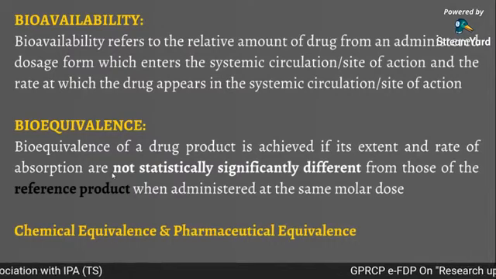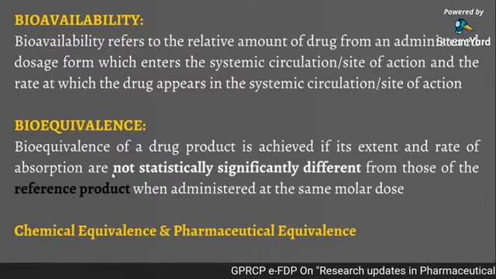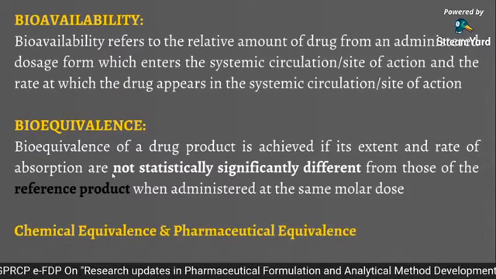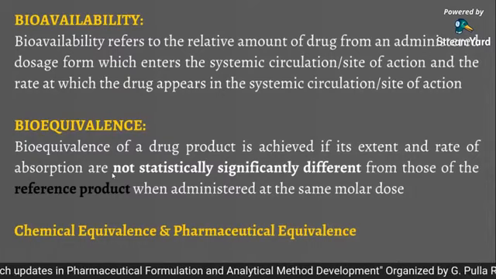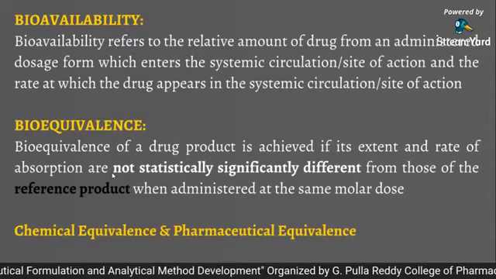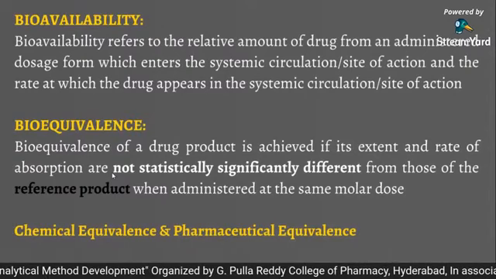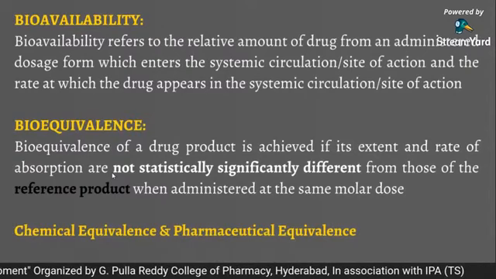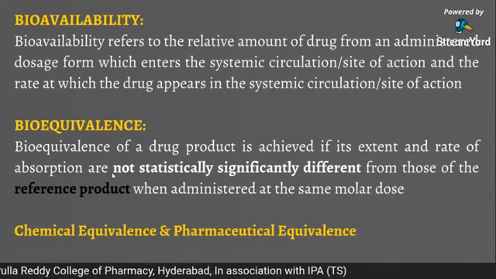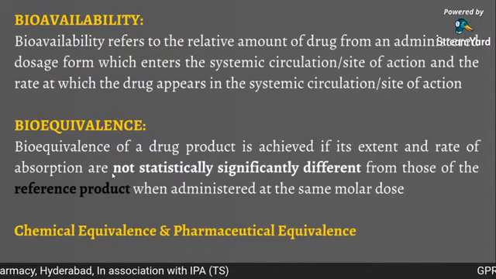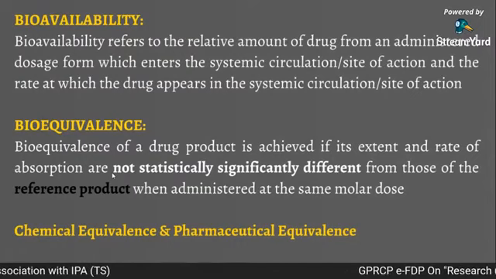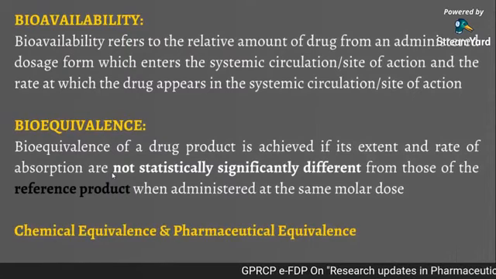Bioavailability, as you know, is the rate and extent of the drug that enters the systemic circulation. How much of the drug is available at the systemic circulation, and at what rate it is reaching the systemic circulation, and ultimately the site of action. That is bioavailability.